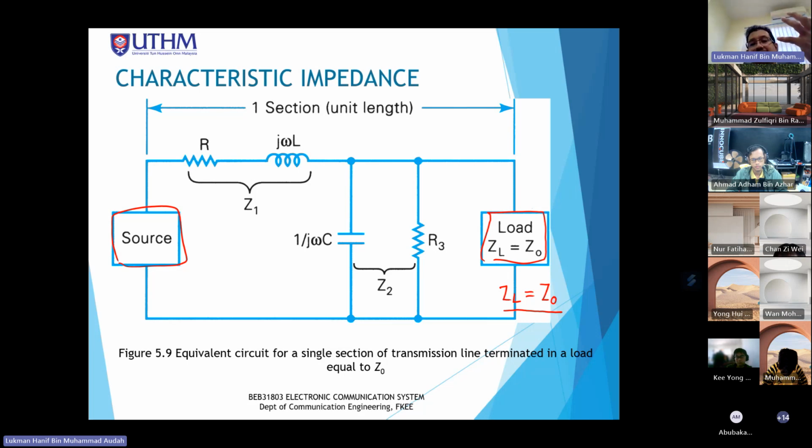So in order to ensure a maximum power transfer, we must make sure that the load impedance equals the characteristic impedance, so all the power from the source is absorbed by the load. Otherwise, there's going to be reflection. Reflection means losses.